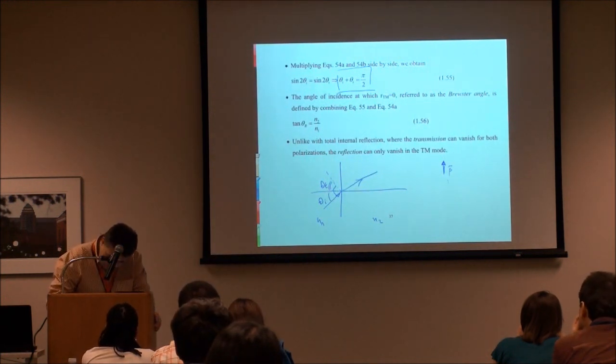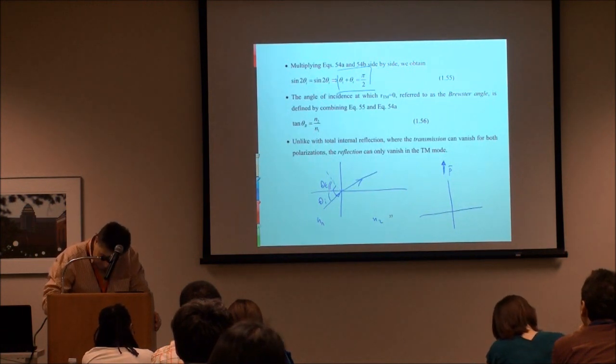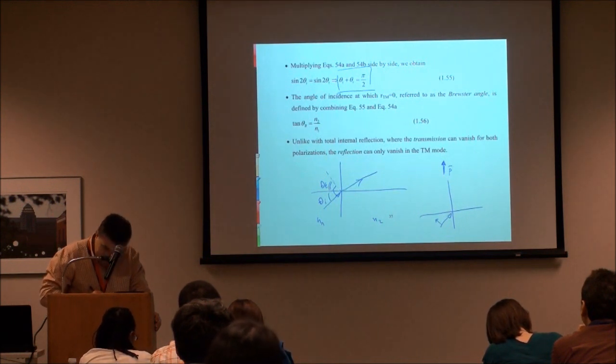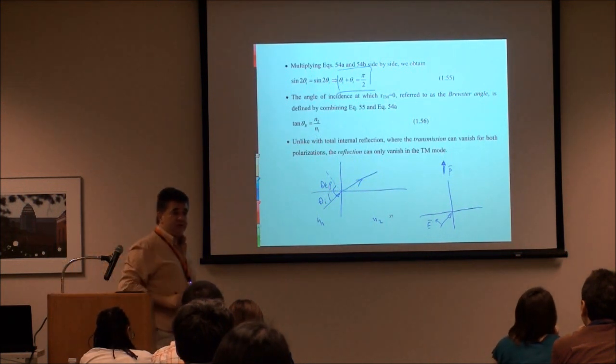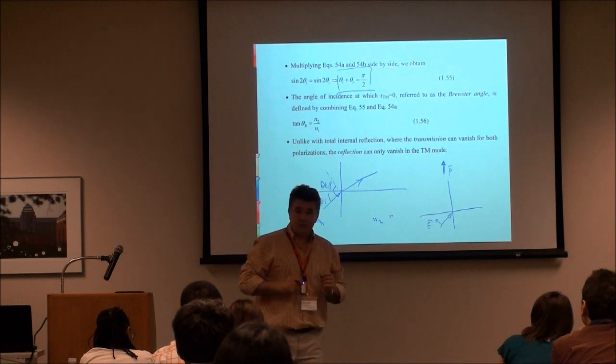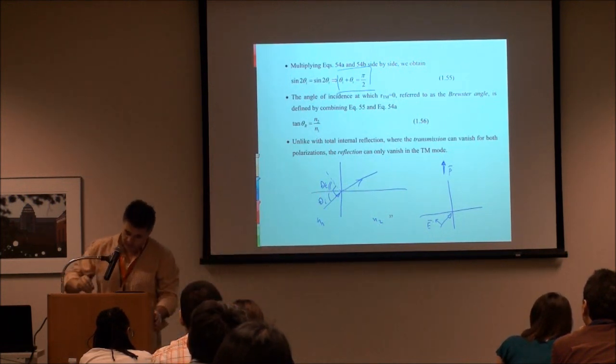When my light, this is TM, keep in mind, I'm coming in with this K vector. This is the electric field. It's like this. The light we just described in the Lorentz model is exciting dipoles in the medium, right?